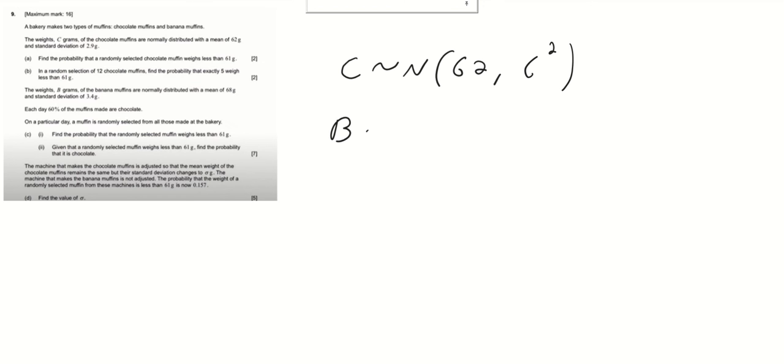For the banana muffin, it remains the same. So the mean was 68 and the variance was 3.4 square. Now they say that the probability that the weight of a randomly selected muffin is less than 61 is 0.157.